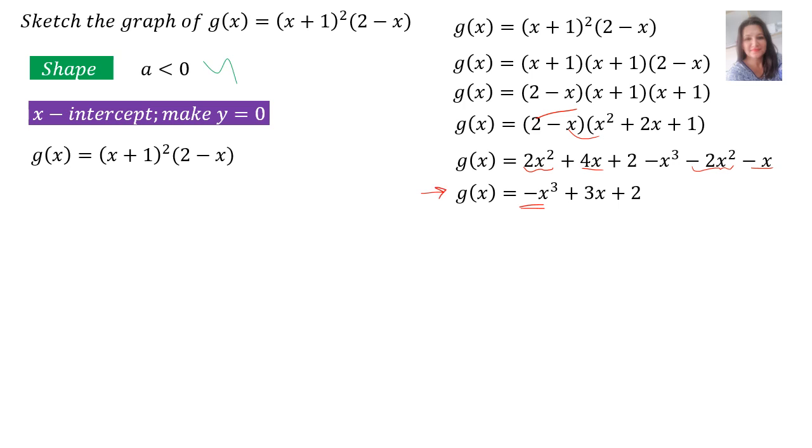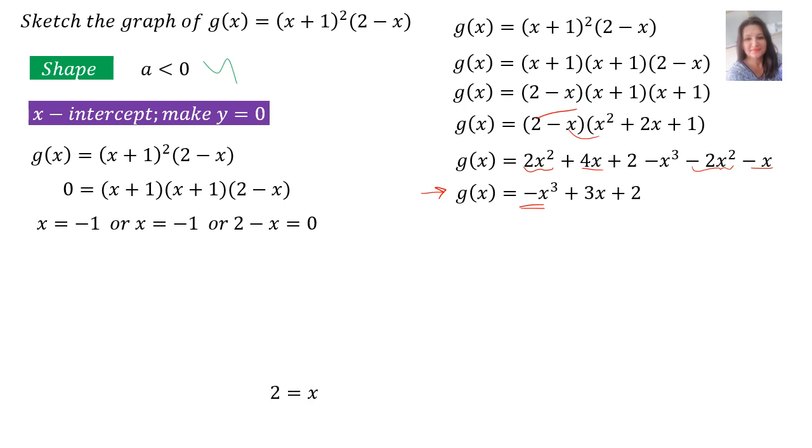So you make y 0 and your factors were (x plus 1) and (2 minus x), and you get x is negative 1 or 2 minus x is 0 and x is equal to 2. And by now you understand that you get the same x value there twice, which means this is where your graph will bounce or hop.